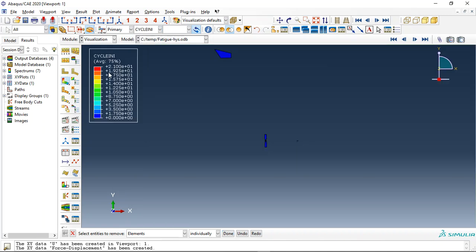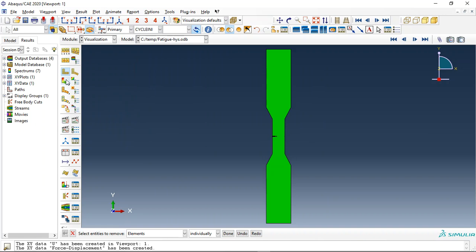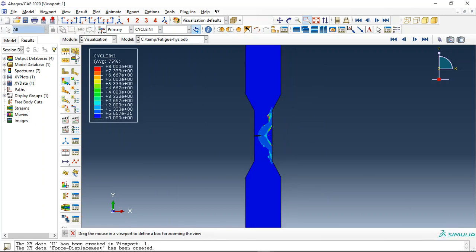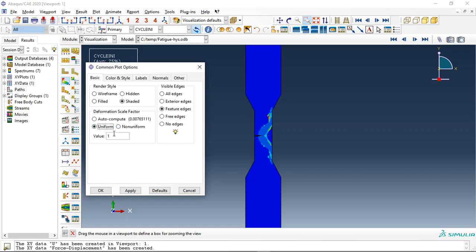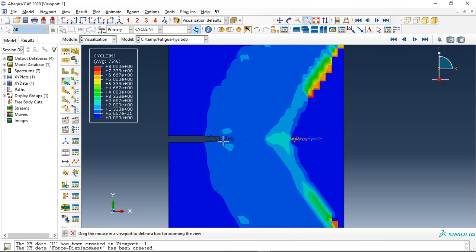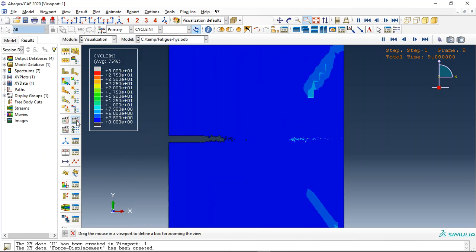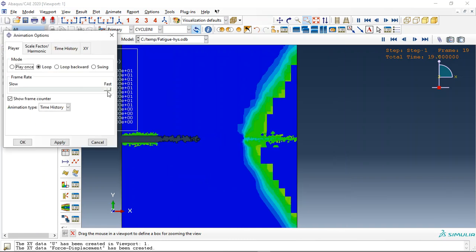If I check the cycle, okay, I modified it, I used a huge value of 1, which is normal, and see here the damage which happened under the cyclic loading with the hysteresis law.